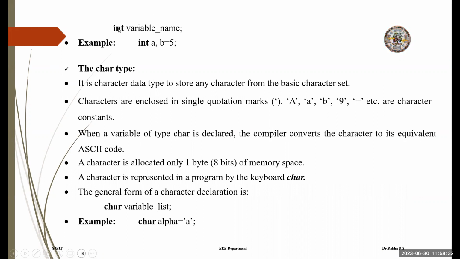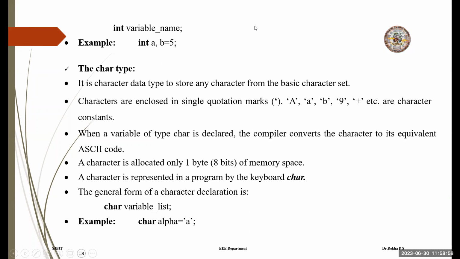So the type of the variable should be int because it is an integer data type. Int a, b is equal to 5. So here, comma, this b is also of type integer. So a and b are the variables of type integer, and b is assigned with the value 5. You can initialize at the time of declaration itself.